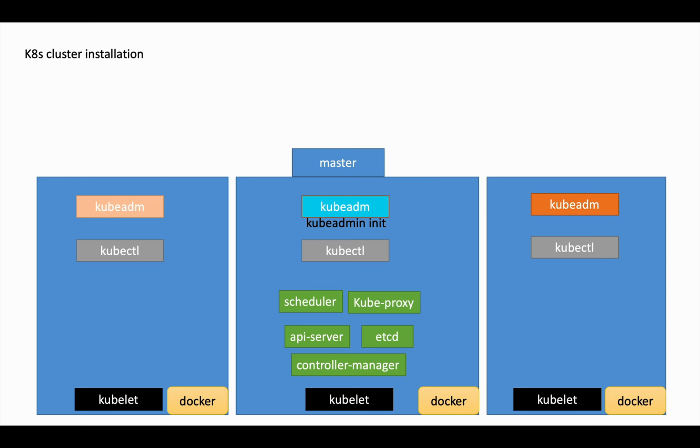nodes, and then we can use this kubeadm join to join this node as the workload. Okay, here also if the workload joins this node into the cluster, the kube proxy is also installed.